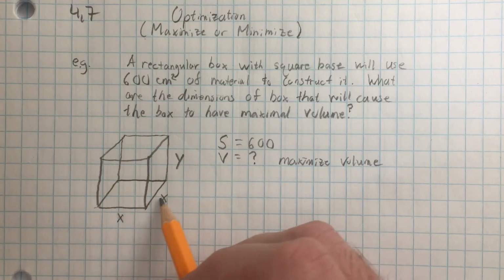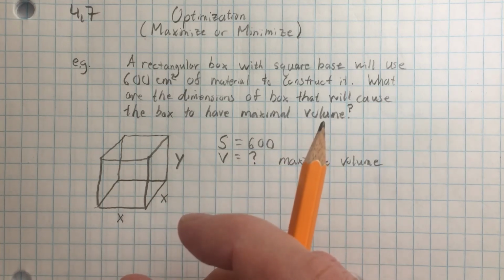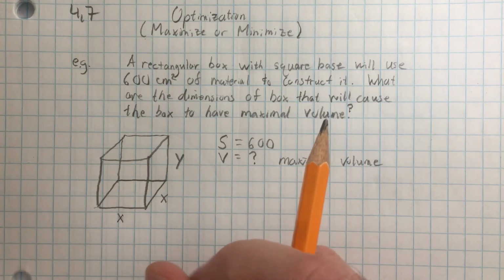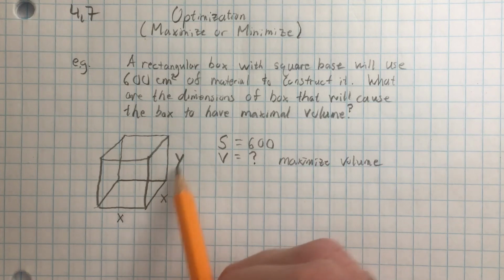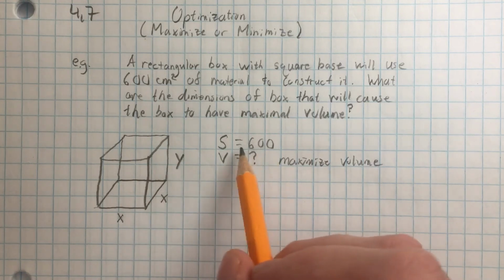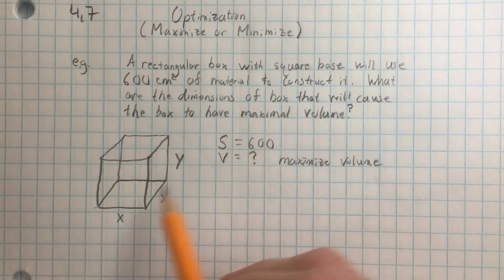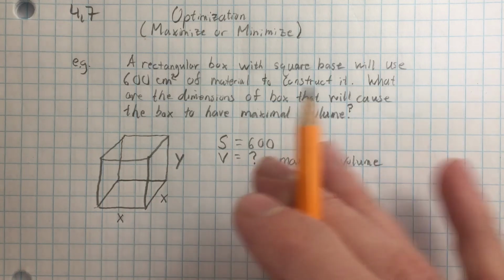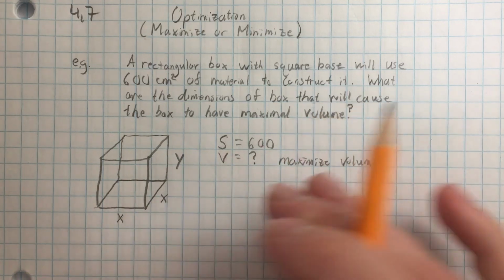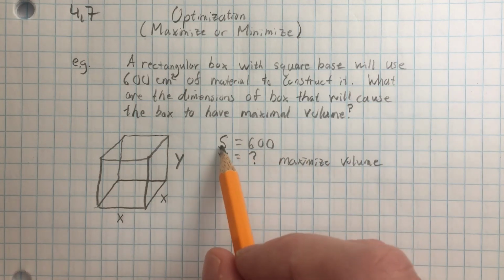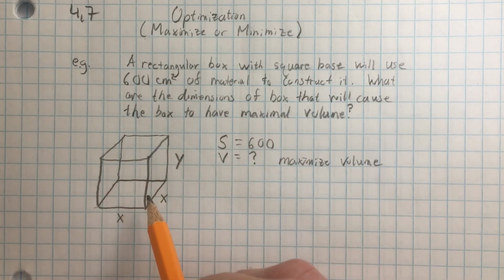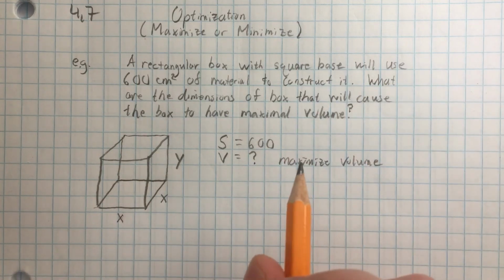You can make the length and width very small, and you could stand it very high. You would increase the value of y, and that would maintain this particular surface area. Or you could widen the base and have a very broad-based box. The two x values could be very large, and y would have to shrink accordingly to maintain the surface area of 600. And one of these types of constructions will maximize the volume.